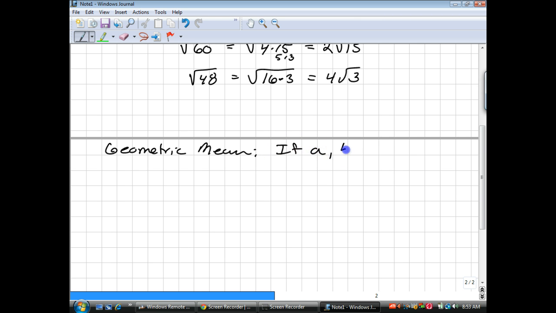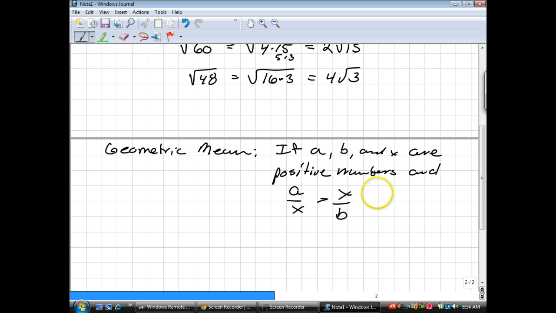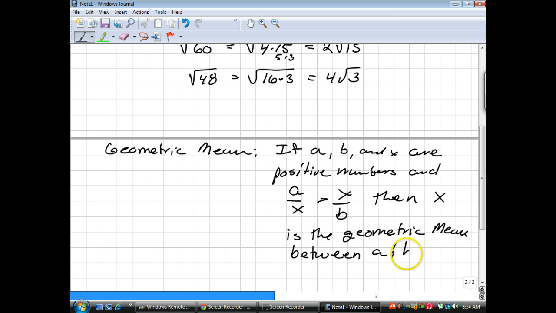If A, B, and X are positive numbers and A is to X as X is to B, then X is the geometric mean between A and B. Okay?